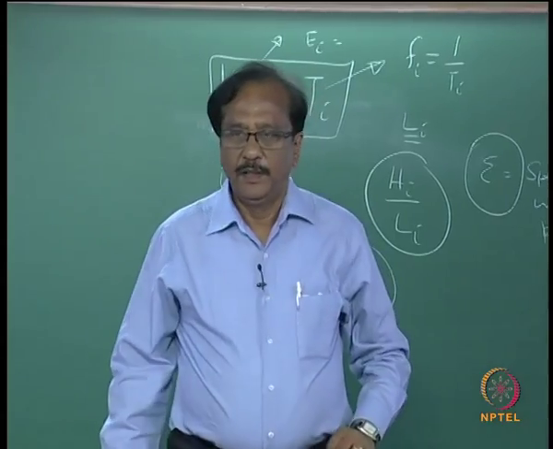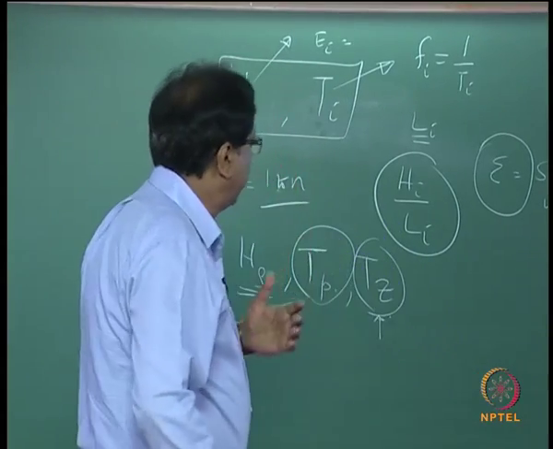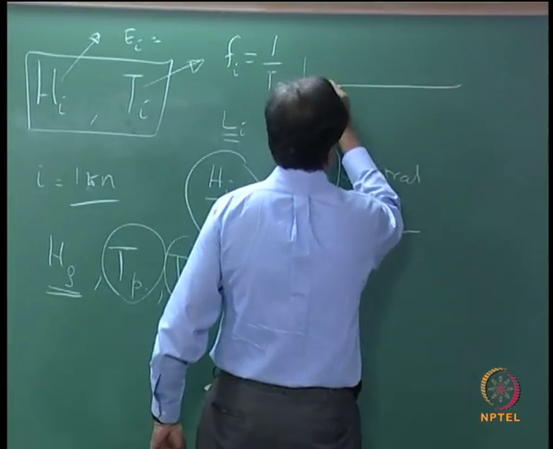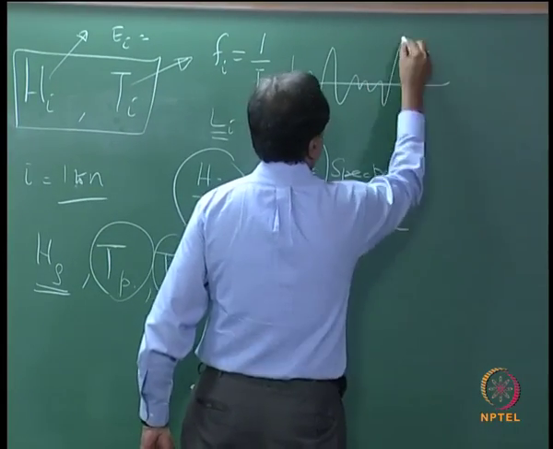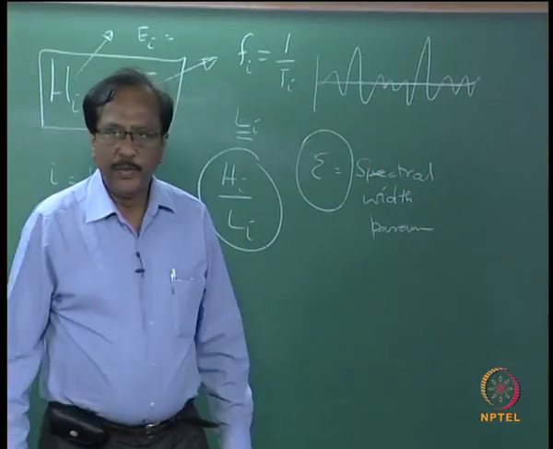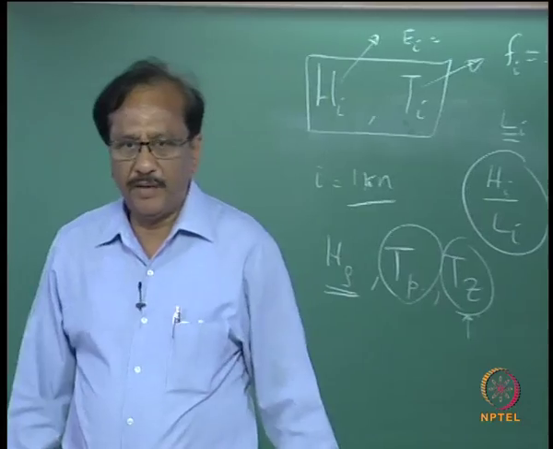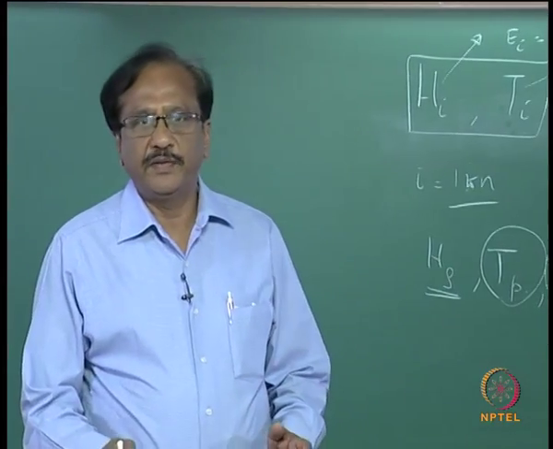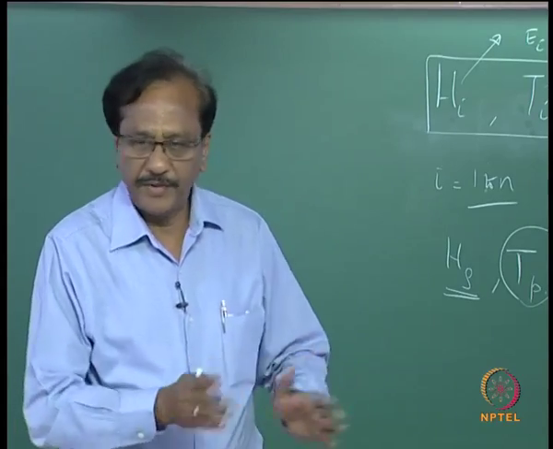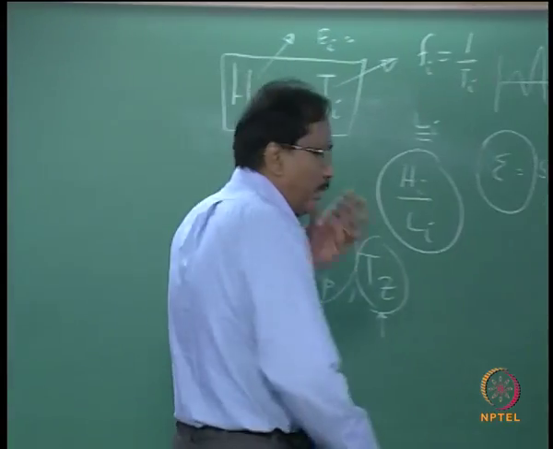Now, if you want to represent the characteristics of a random wave, which comprises a number of sinusoidal components with different wave heights and wave periods, how do you represent this?